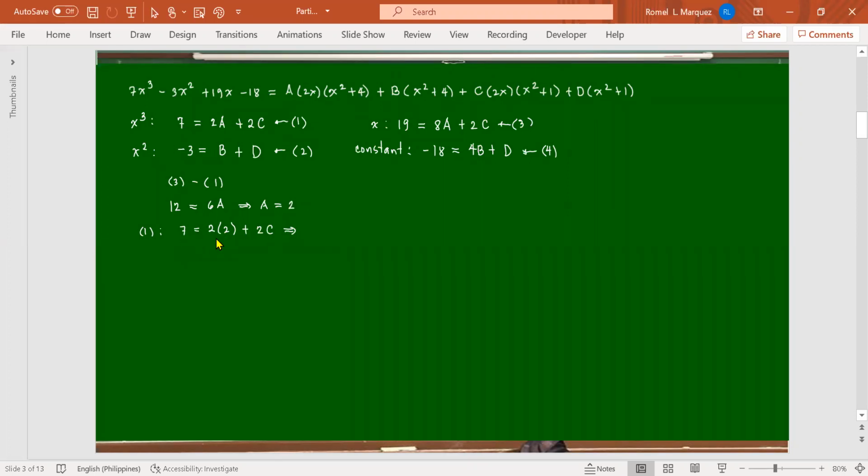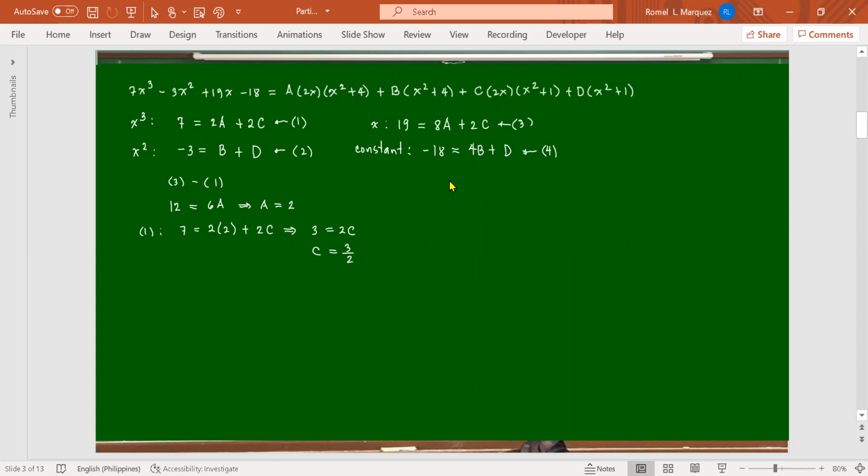So we have 7 minus 4 gives us 3, and that is equal to 2c. Therefore, c is equal to 3 halves. Okay, guys?